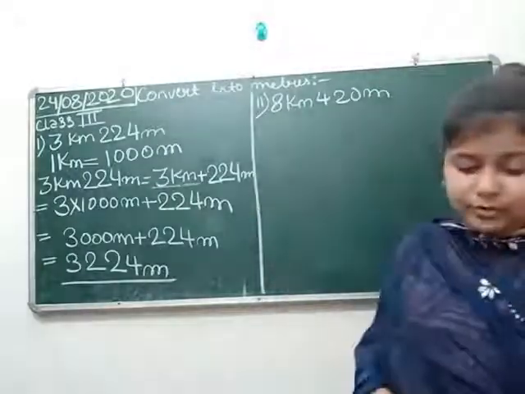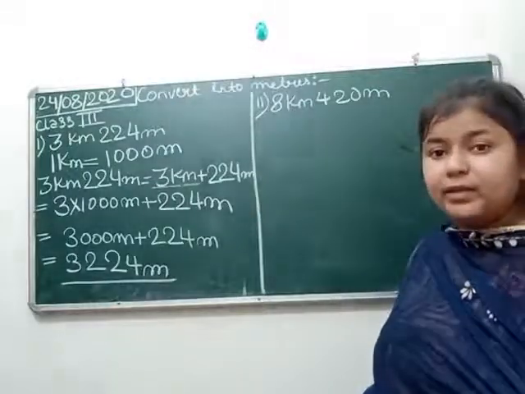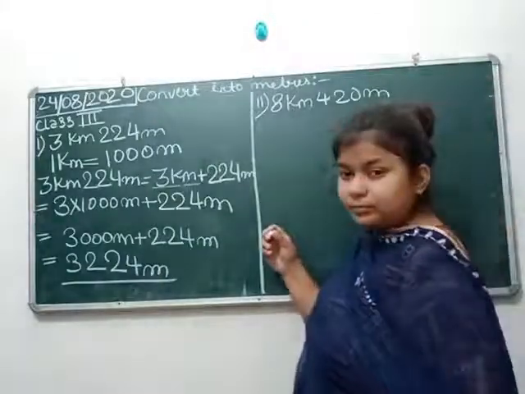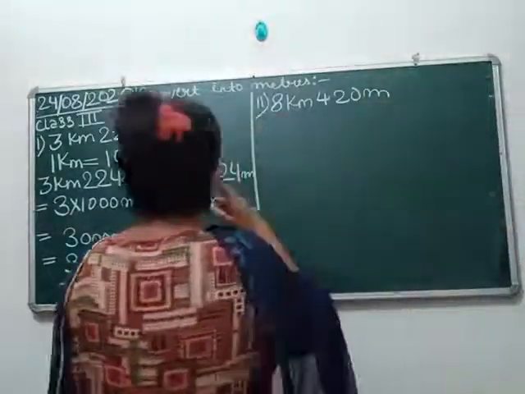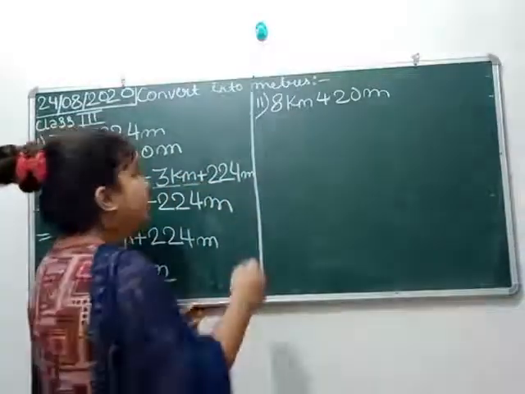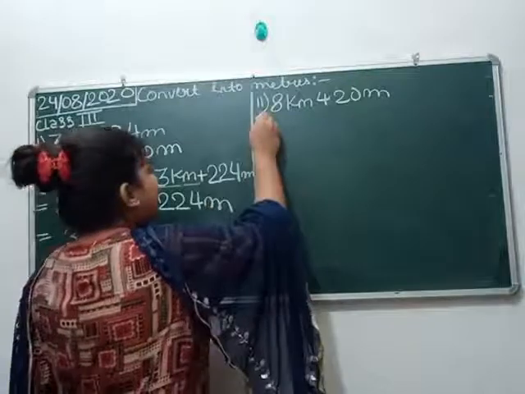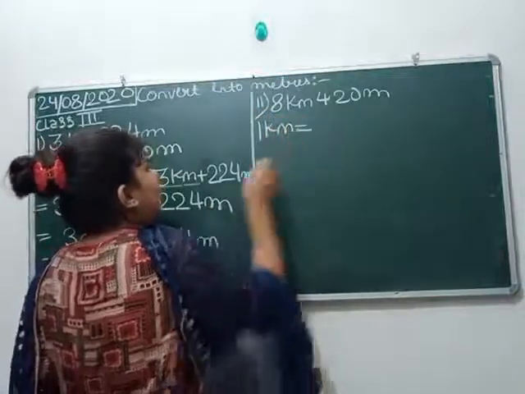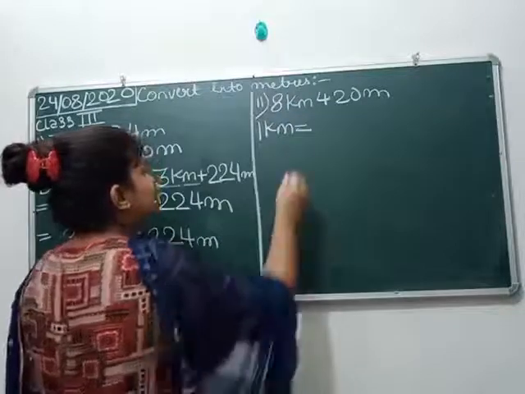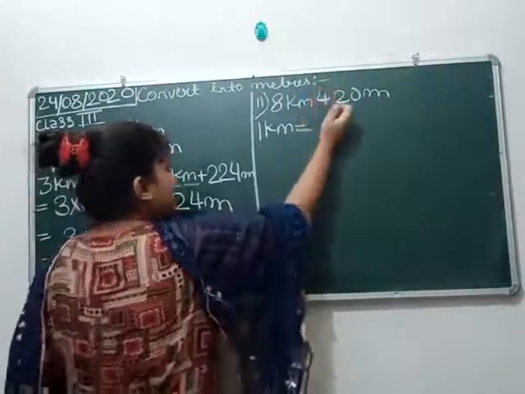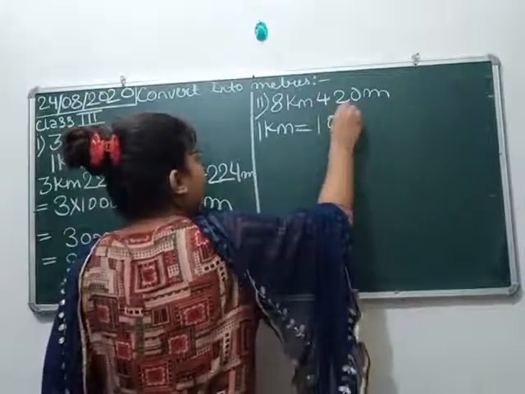Now let us do this question. This question is 8 kilometer and 420 meter. Now the first line will remain same, that is 1 kilometer is equals to 1000 meter.